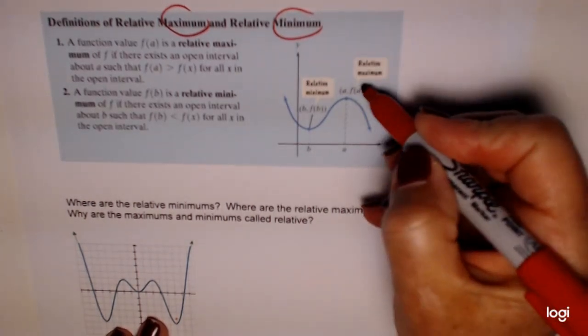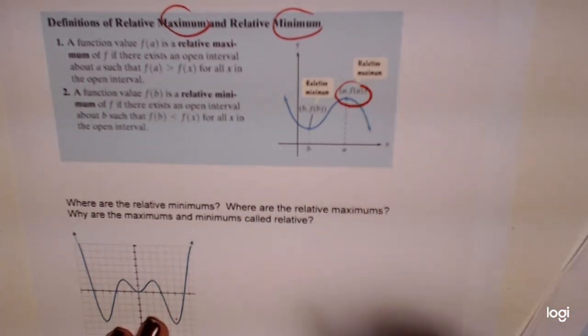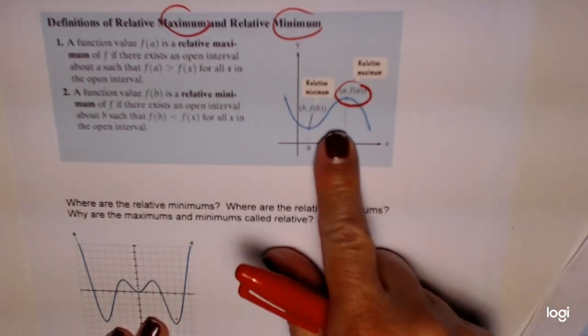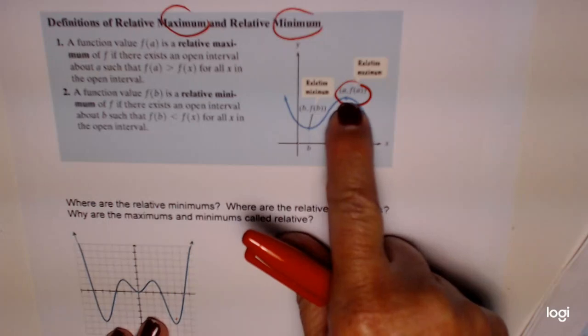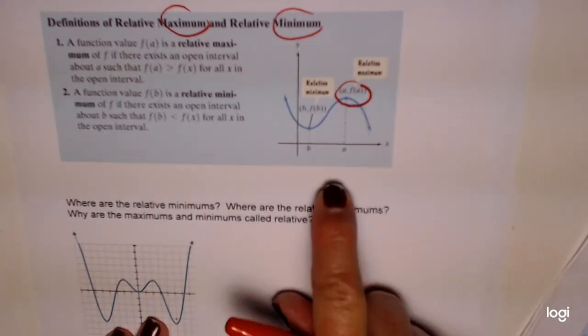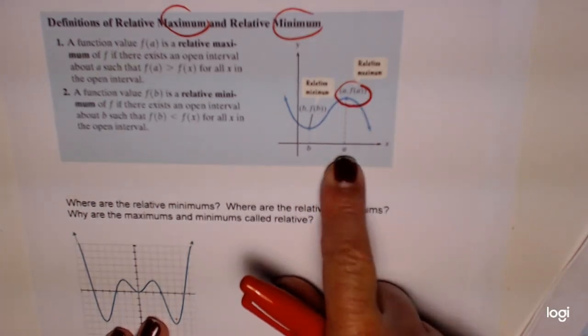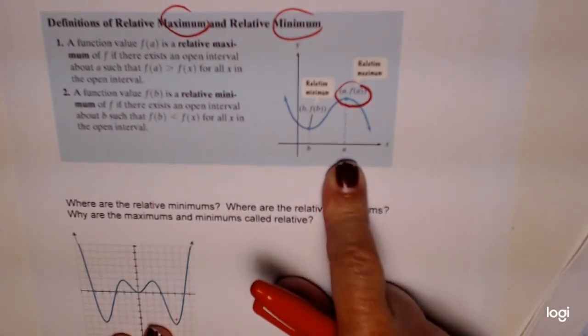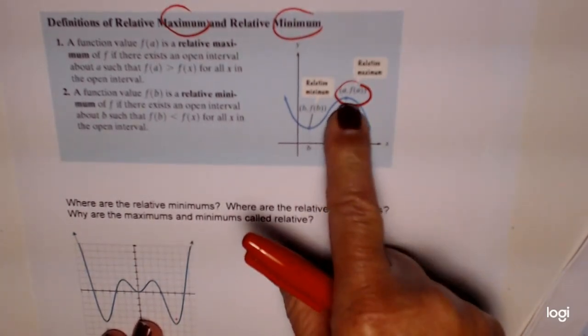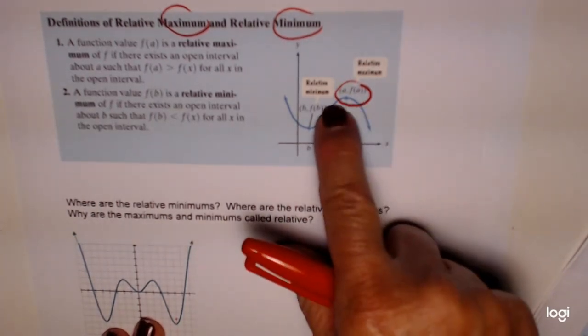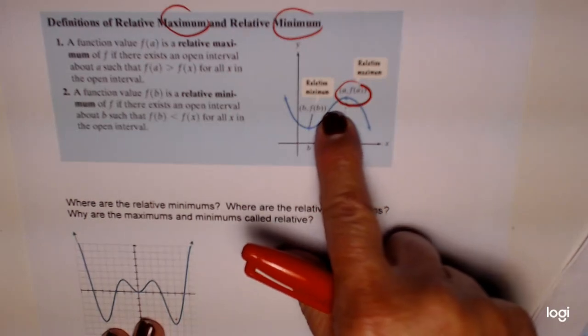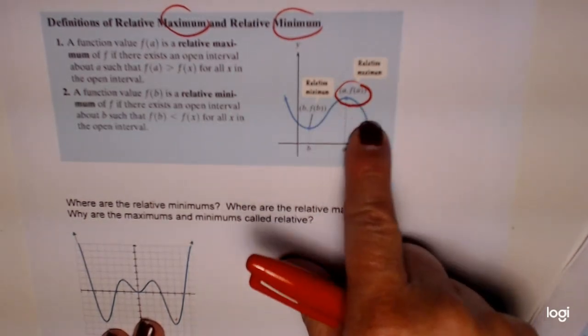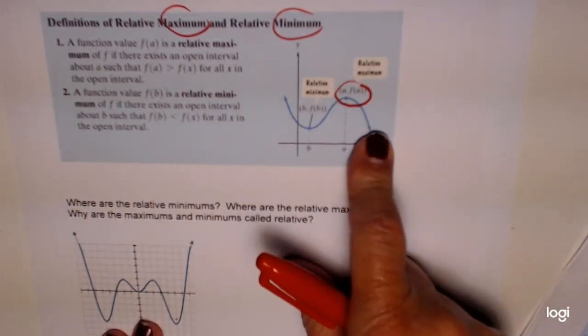So here, this point here would represent a relative maximum. We can see this f of a point, if this is a, or x value, we don't know what it is, maybe it's 2, maybe it's 5, maybe it's 17, we don't know, so we're just going to call it a, that its corresponding y partner, or f of a partner, we can see it's bigger than all the other y values in that area, in that neighborhood, if you will.